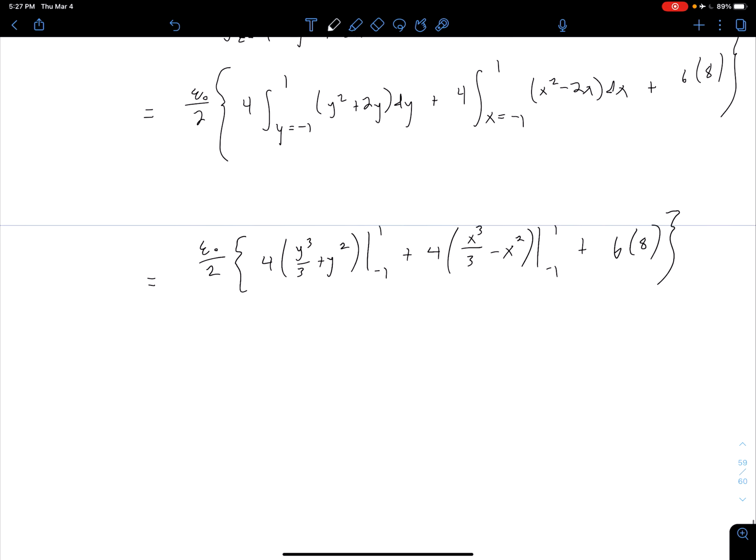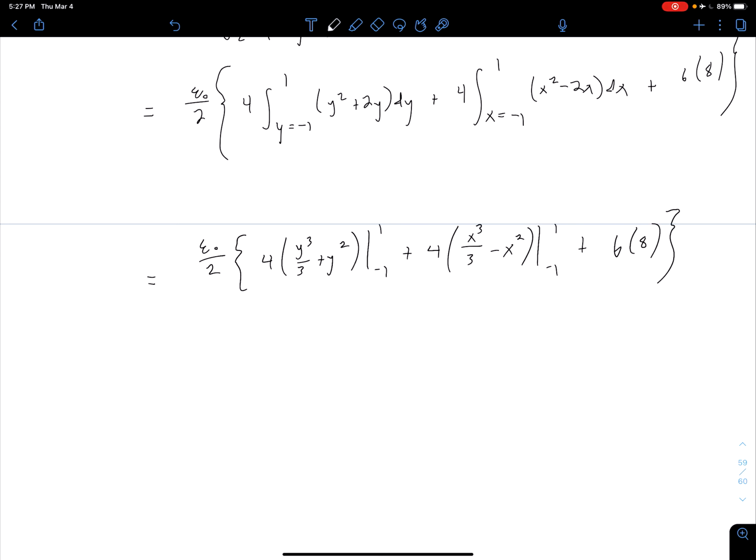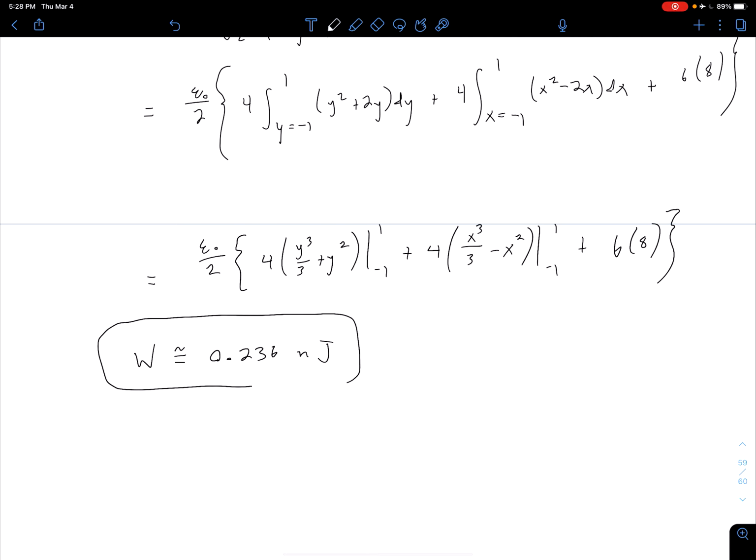If we plug in our value for epsilon naught and evaluate all of those, we end up with an energy in that cube which is approximately equal to 0.236 nanojoules, so 10 to the minus 9th joules.